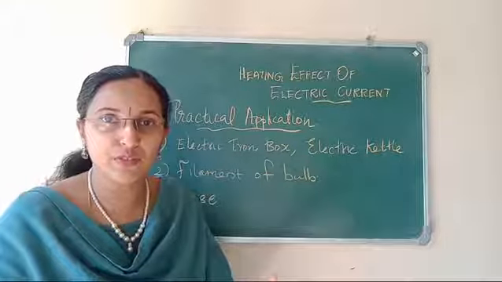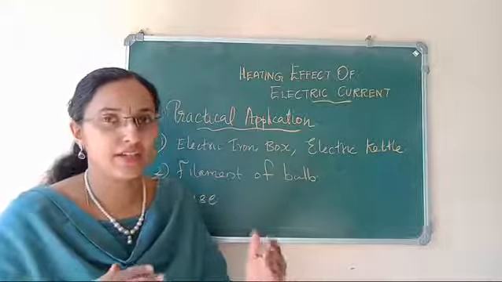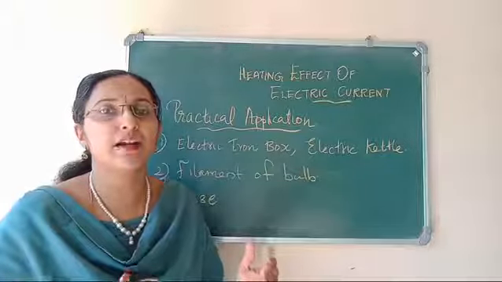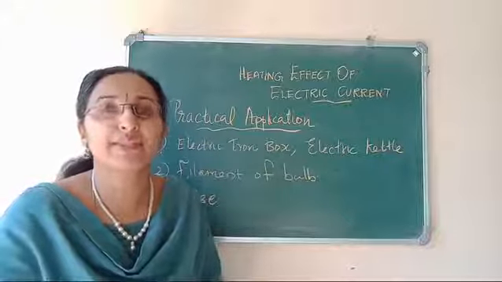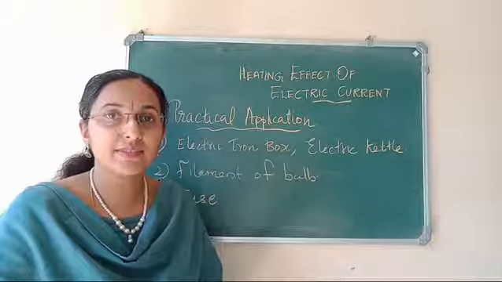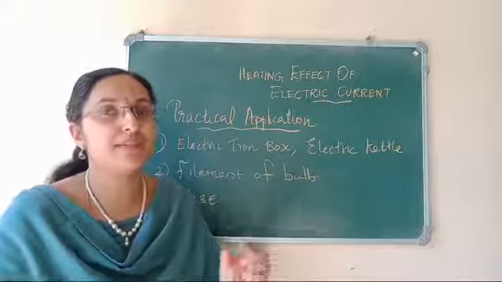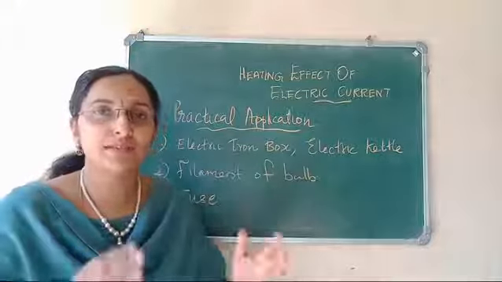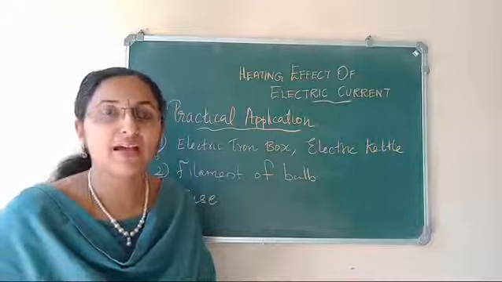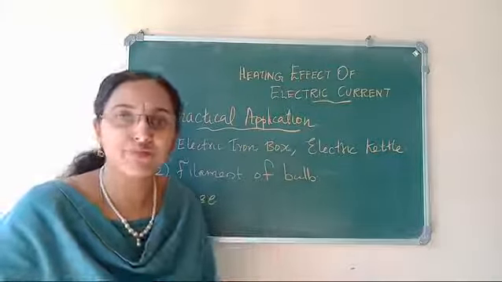And what is the use of the fuse? If a large current comes into the circuit, it will prevent damage by melting itself. As the current increases, heat energy increases, and this alloy or copper wire will melt, and thus the circuit will break, and the fuse acts as a safety measure.